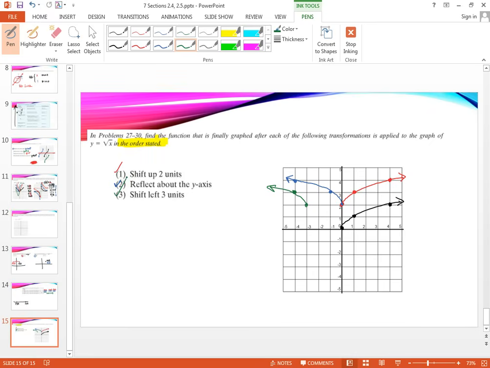Well, they want you to tell them what the equation of that graph is. Okay. So now think about it. Suppose you don't see the red, the blue, the black. Okay. You've got y equals, you know it's a square root function. Let's see. The point that was at 0, 0 is now sitting right here. So it went 1, 2, 3 to the left. So how do you say 3 to the left? Okay, that's inside here. How do you say up 2?